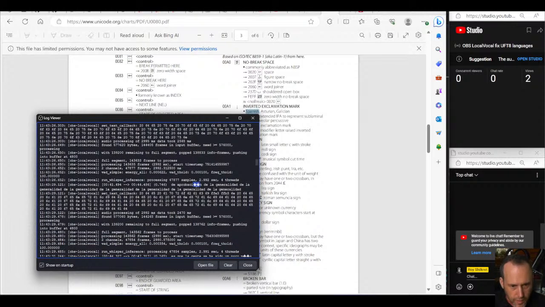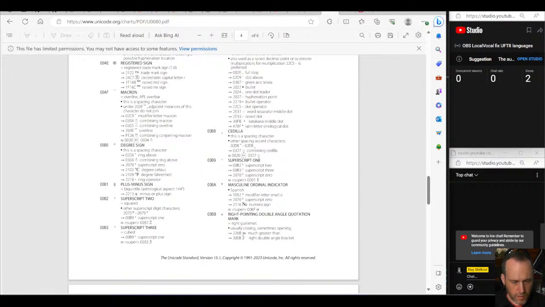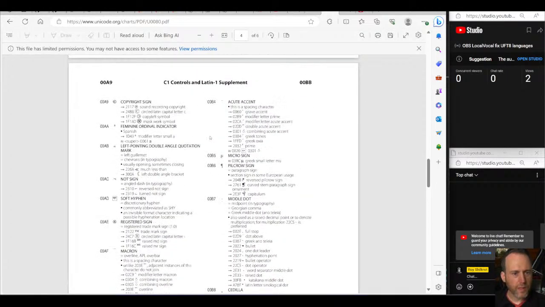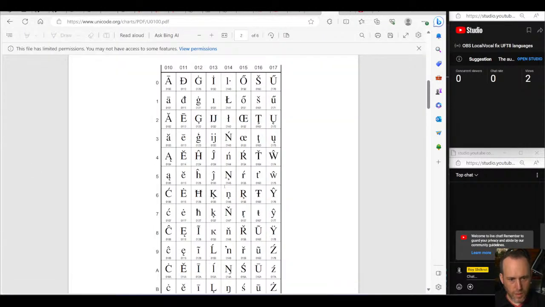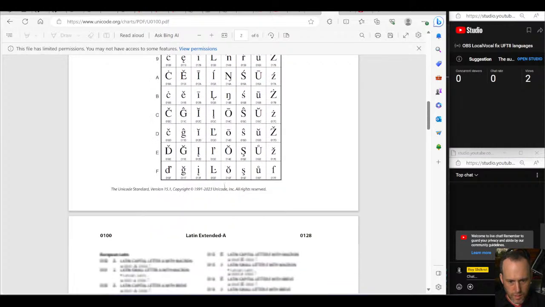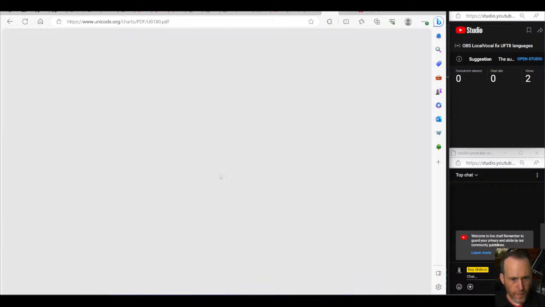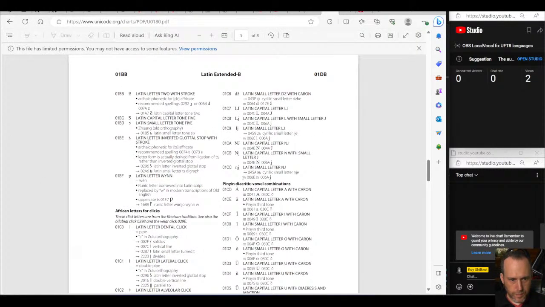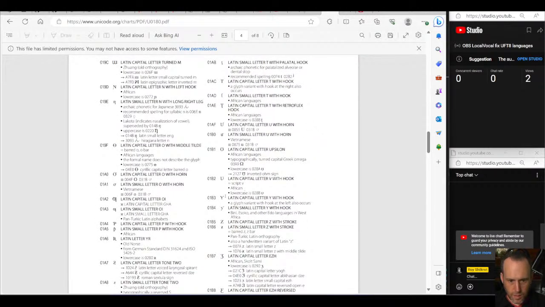All right, I think I know what this one is. B3. Superscript 3. Nope, that's not that. Let's see in the extended one. It's going to be in the next one. 01B3. Nope.